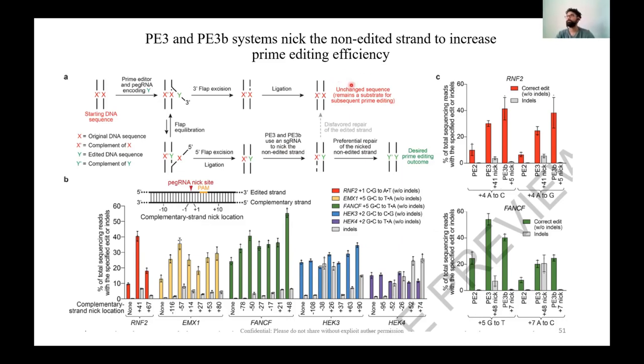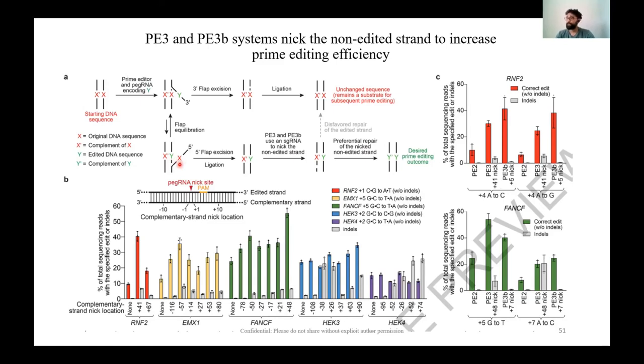So like I said, there are a few possibilities. After the addition and PEG RNA encoding of, let's say, your edit, there's 5' excision and then ligation. In this case, the sequence remains unchanged. I think I misspoke earlier. So with 3' flap excision, it remains unchanged.